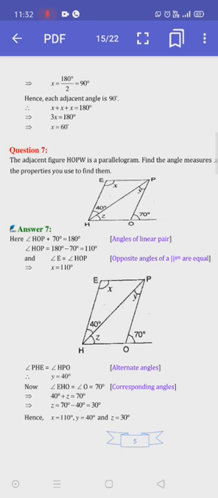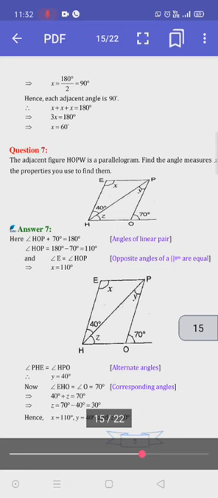You transfer 70 to the other side, so you get 180 minus 70, 110. HOP is 110. Now in a parallelogram, opposite angles are equal. So angle HOP equals angle E. These are the opposite angles of the parallelogram. So angle x equals 110.